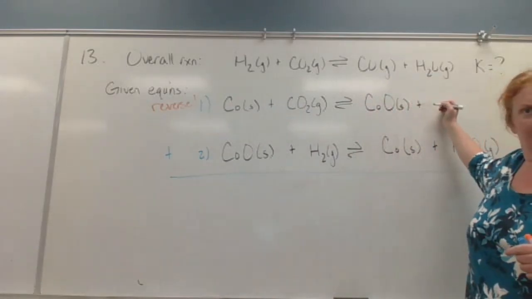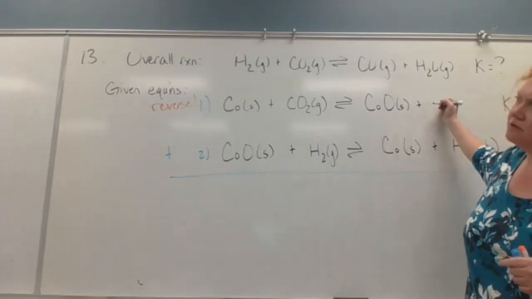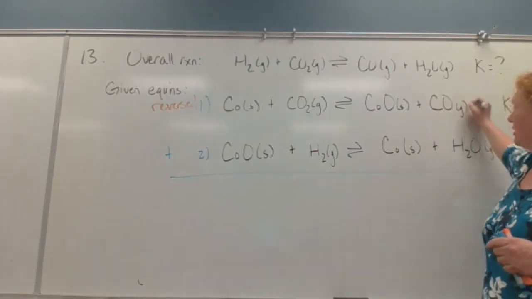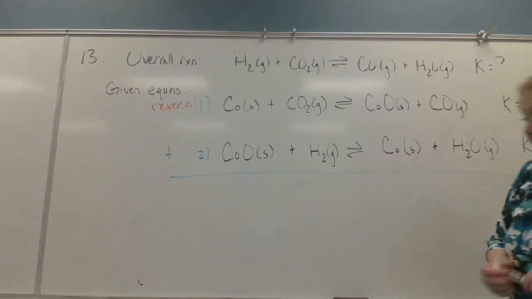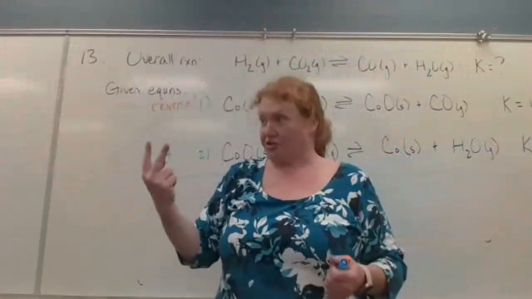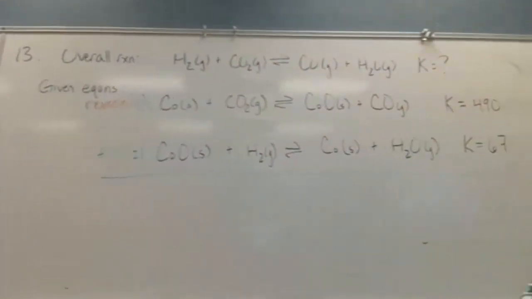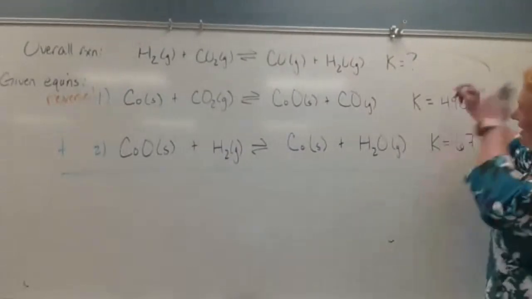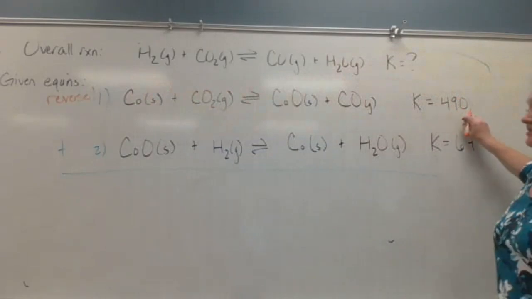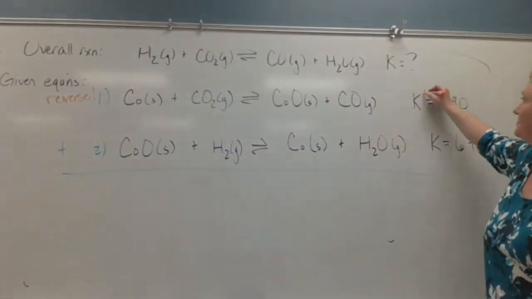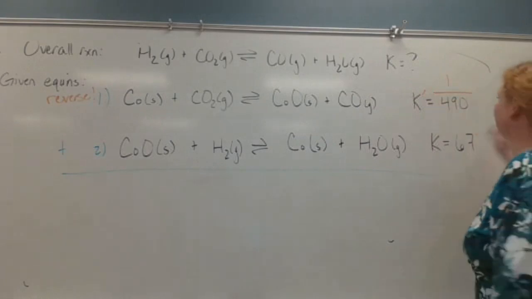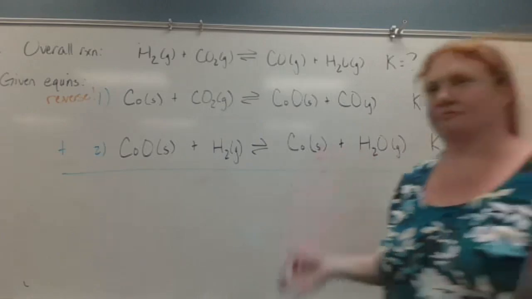And what was the other thing? Carbon monoxide. But what did I do? I'm looking at this equation in the reverse direction. What does that mean about that K value? The K for this way it's written is not 490, it's what? 1 divided by 490, right? Equals whatever that is.